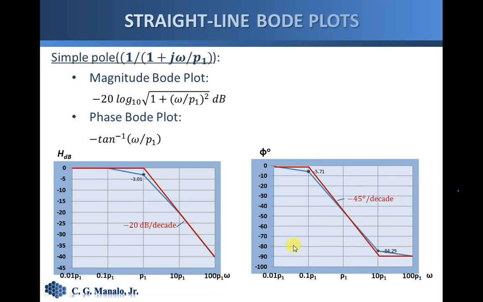Now for the angle, we also approximate it by this line. So before 0.1 p1, the angle is 0, and it makes a slope of negative 45 degrees per decade up to 10 p sub 1, after which it becomes a flat line. So take note that in this simple pole, the break frequency is at omega equals p sub 1.